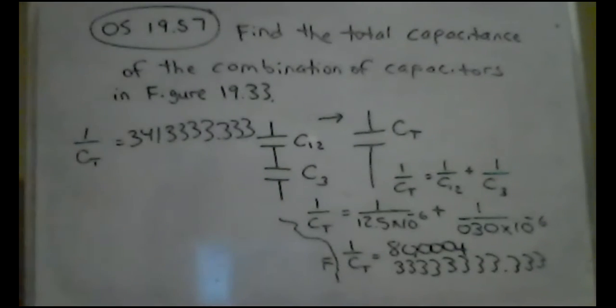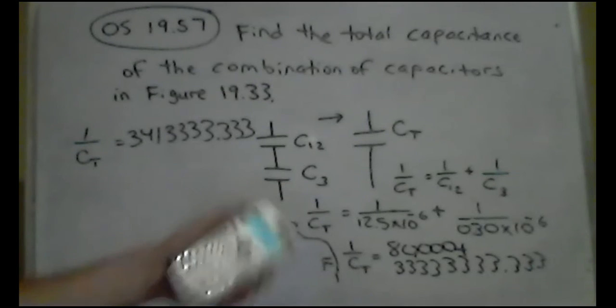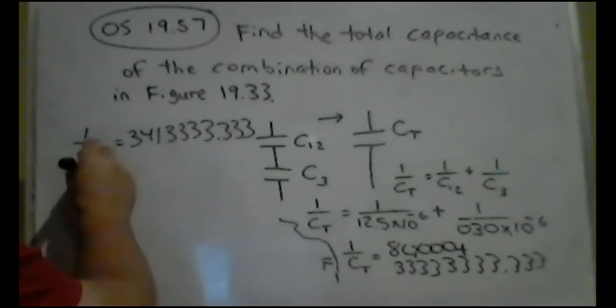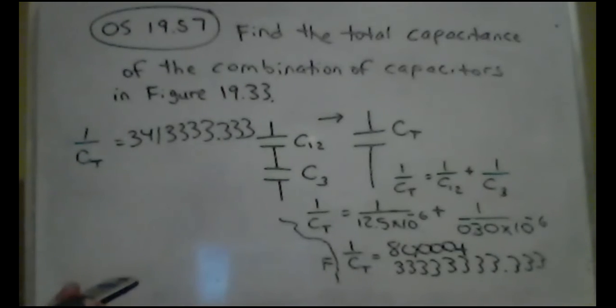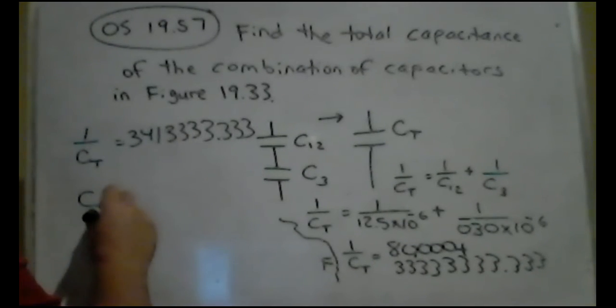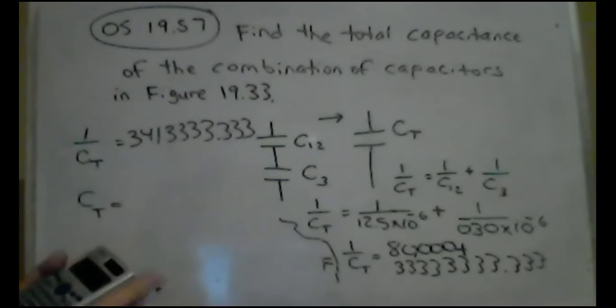But that's not the answer that I want, right? When I add these up, I'm getting a huge number, but that's 1 over C sub t. What I want is C sub t, so I'm going to flip this upside down. So C sub t will be 1 over this big number.